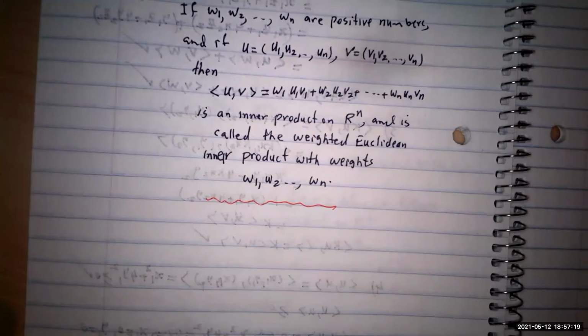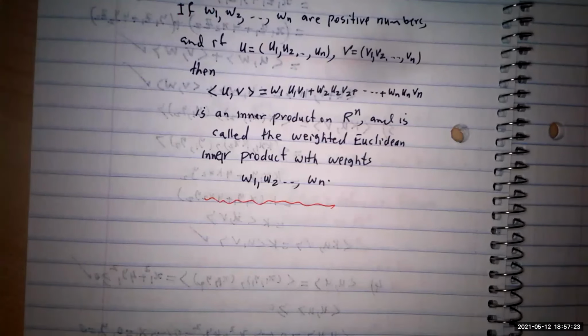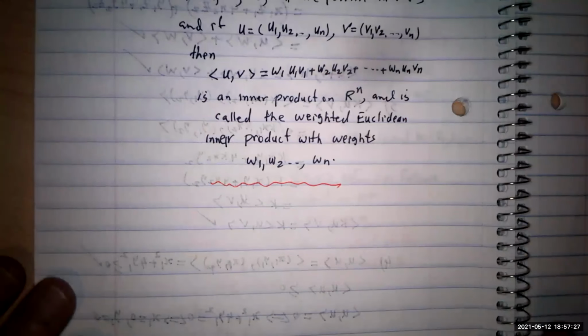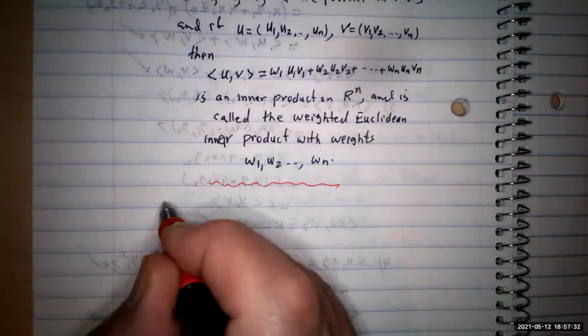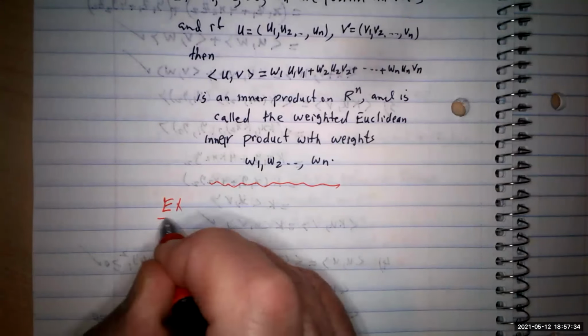The other example that we have is with the matrices. Let's define something. What is going to be the standard inner product that we can define for two matrices? I give you one example, then I change it into a general formula.